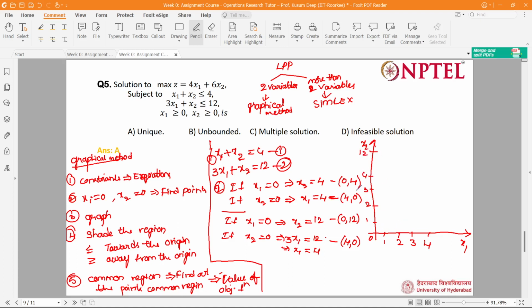Here we observe the first point is x1 0 and x2 4, here it is, and x1 equal to 4 and x2 equal to 0, so here it is.